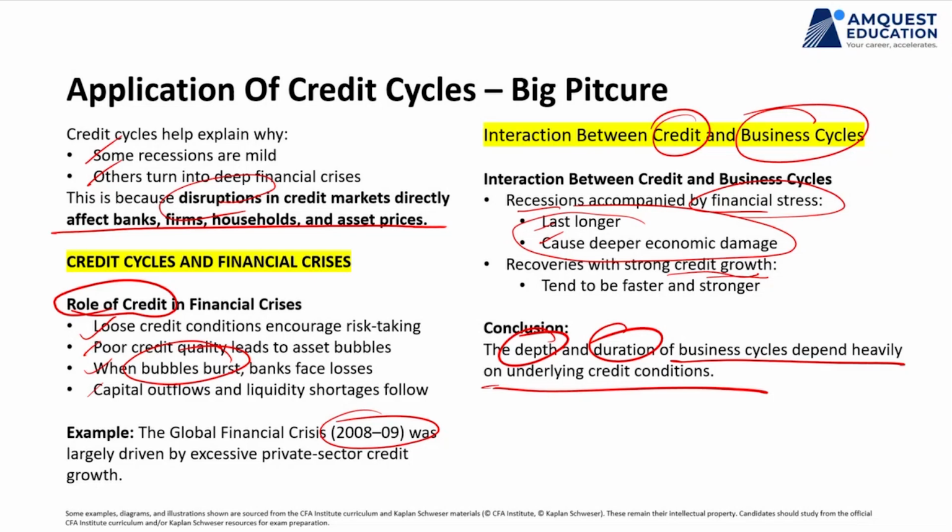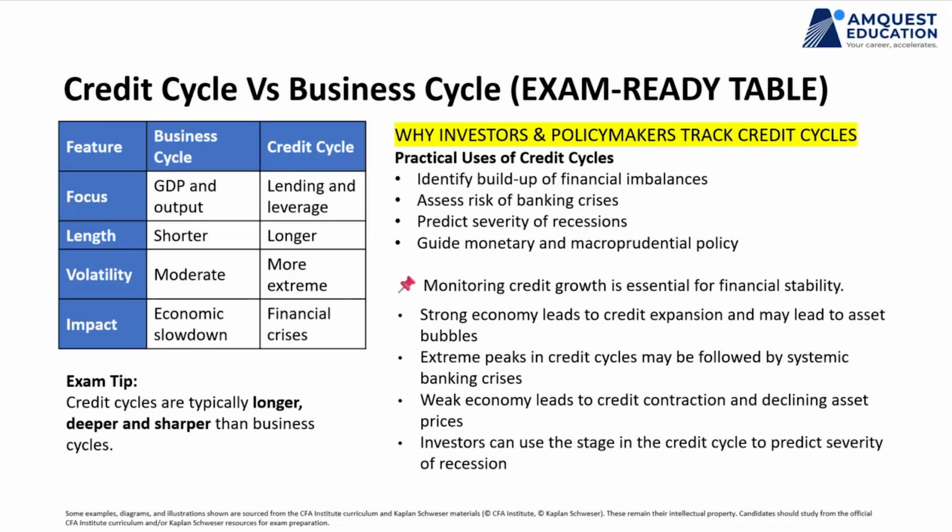Clear? Okay. And this is how the interconnection should be understood. That's why we read these together for looking at credit cycles. Clear? Now, if you look at the interconnection in the business cycle and credit cycle, right? What is the focus area? This is a summary of what I've discussed so far.